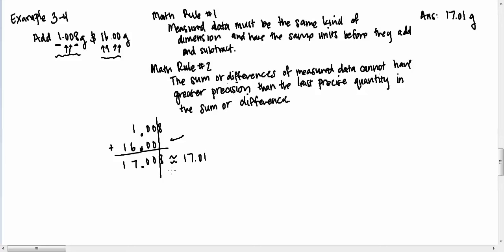This squiggly line means approximately equal to, as opposed to writing every single number down on your calculator. And that's the problem we're having here: students and chemists and whatever calculating things out and then writing every single number down when obviously they didn't measure things to that kind of precision. And the problem is they're reporting numbers with much greater accuracy than they should be.